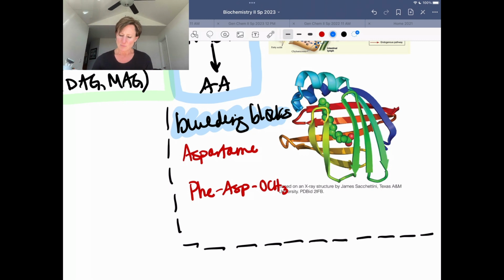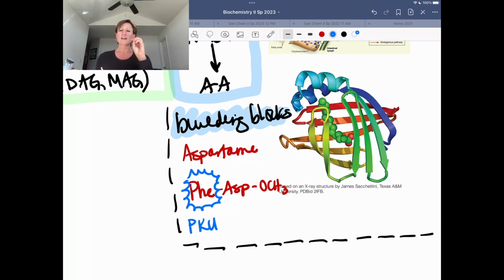But here's why it can potentially be problematic. Some people have the inability to metabolize the amino acid phenylalanine. We are going to learn in our protein metabolism chapter about the metabolic disorder called PKU, phenylketonuria.